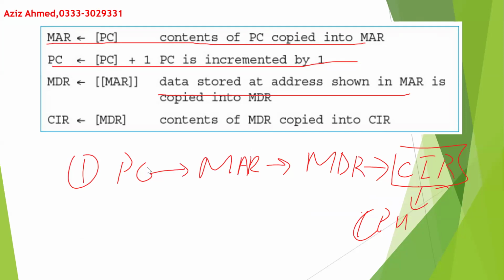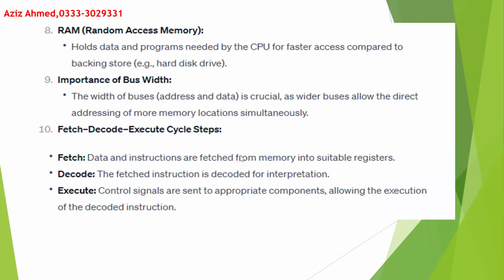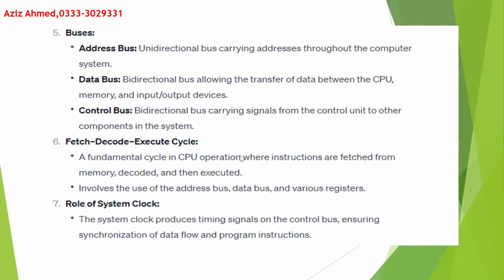Okay. Now see here. Basically, these are buses. Buses are electrical paths which transfer data, address, and instruction. These three things are data. Remember, buses are electrical paths.